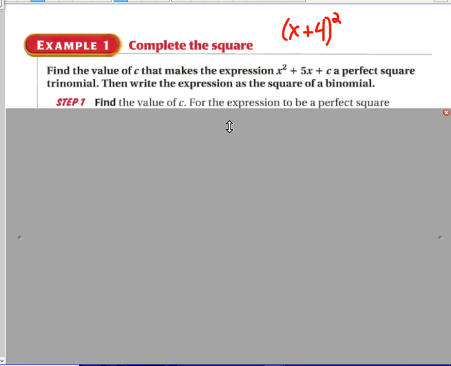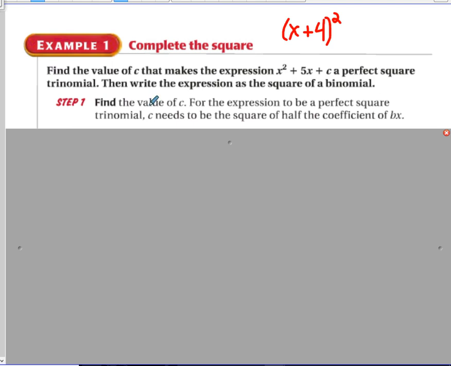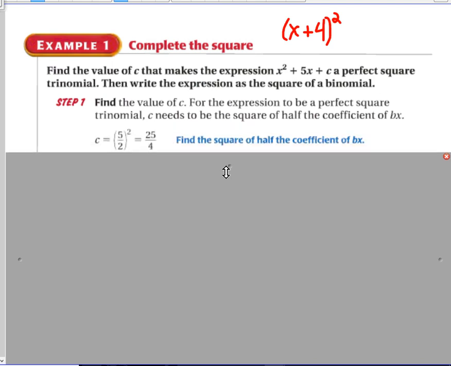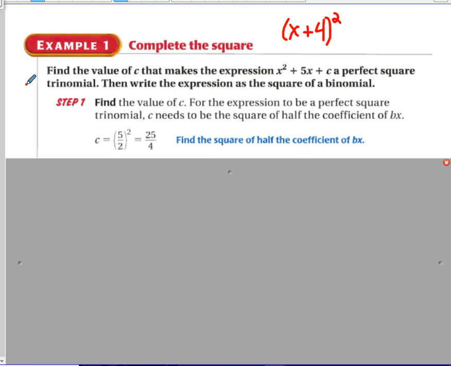The first thing I'm going to do is find the value of c. In order to find the value of c, I am going to use that b over 2, and that whole thing squared. My b in this case is 5, so I'm going to do 5 divided by 2 squared.